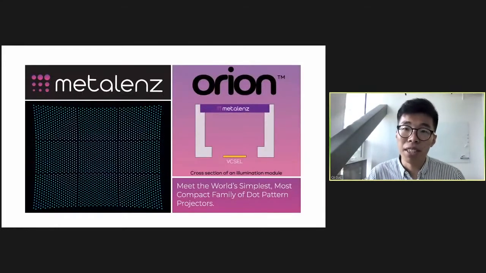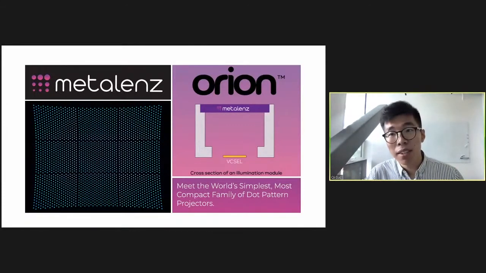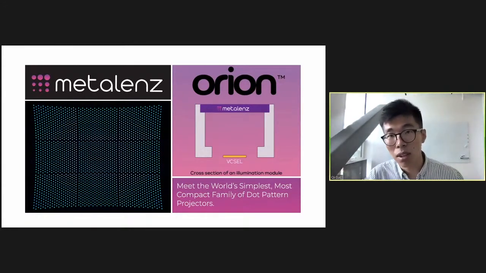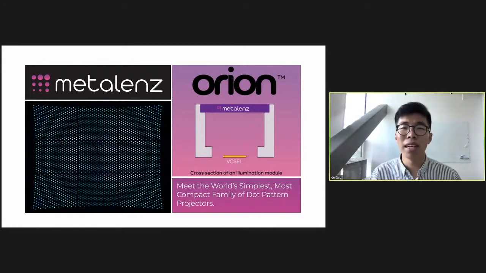I have mentioned this startup that commercializes metasurface fabrication. Their first product launched this year is a very small and simple dot pattern projector called Orion. It consists of a laser emitter and a piece of metasurface that modulates the illumination into dot patterns. This product can potentially be used on phones for Face ID kind of applications.